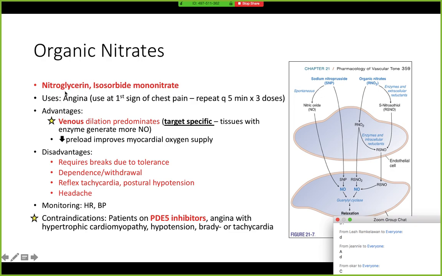The advantage of using nitroglycerin is that venous dilation is going to predominate, and you're going to decrease the preload to the heart, which decreases the oxygen demand on the heart, so improving the myocardial oxygen supply.